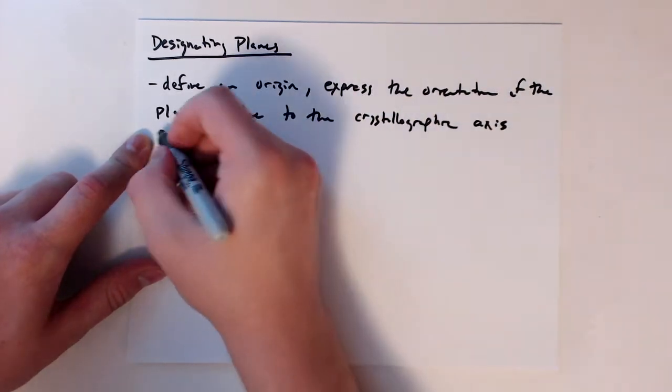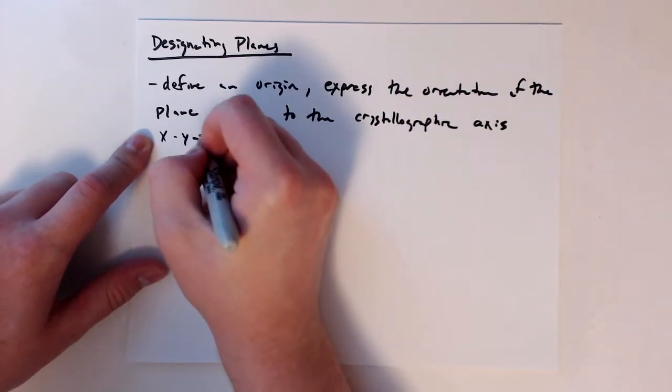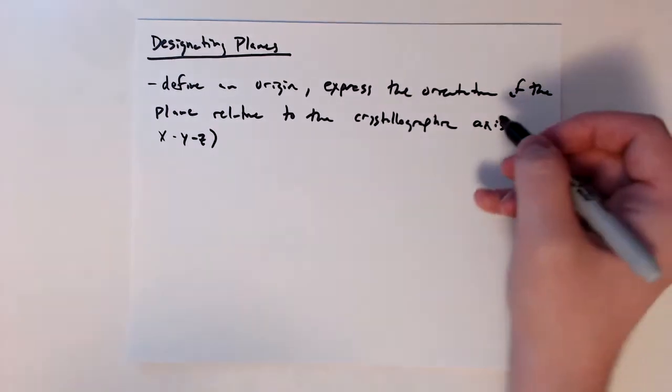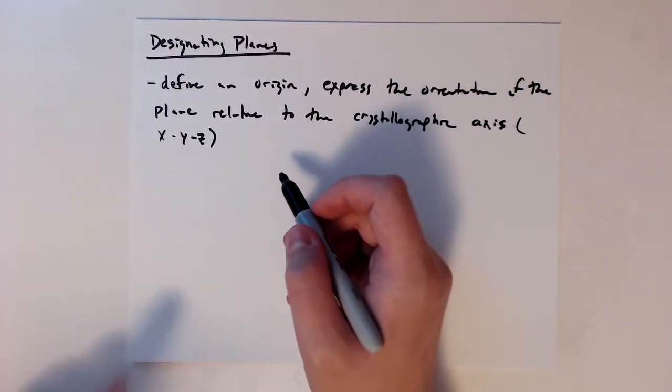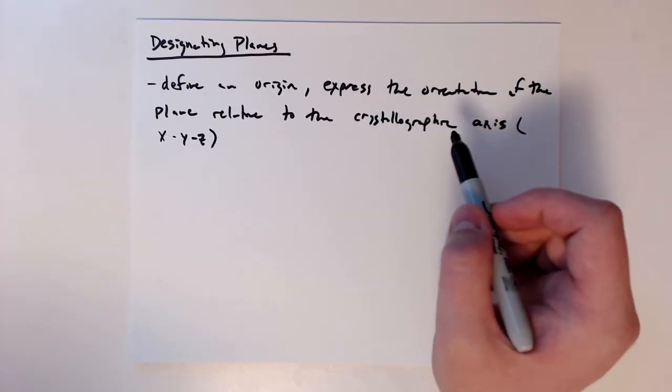And so these are X, Y, and Z, right? So we're relating these crystallographic axes, or sorry, we're relating the orientation to those planes.